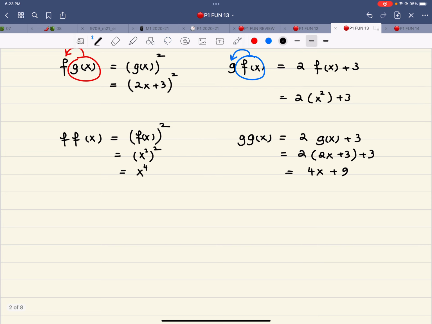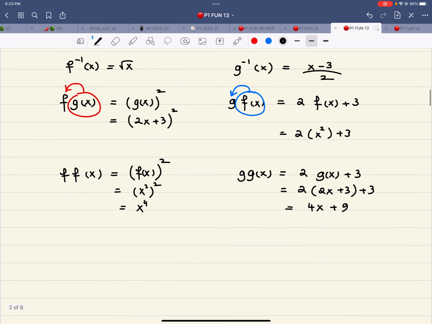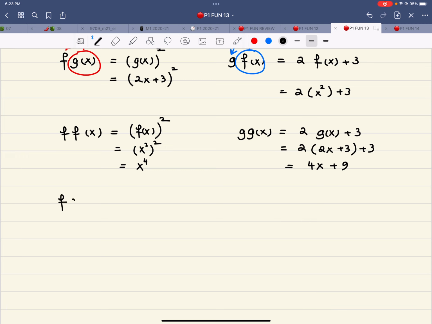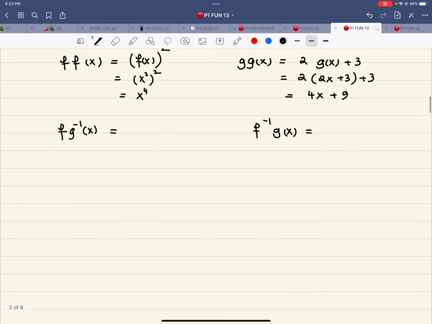Something like f of g inverse x and f inverse of g(x). And of course, you can have many more options. Something like g of f inverse x and g inverse of f(x).